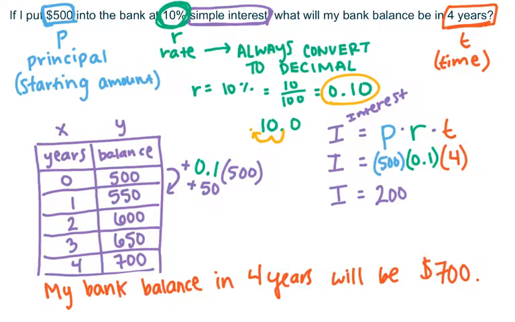That's not done yet, right? I know I should have $700. Not only 200, but you notice 200 plus the principal is $700.